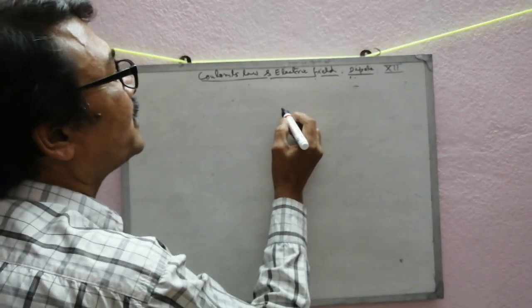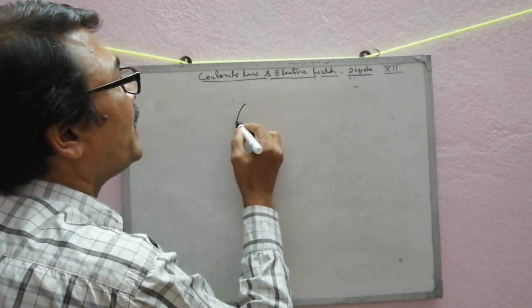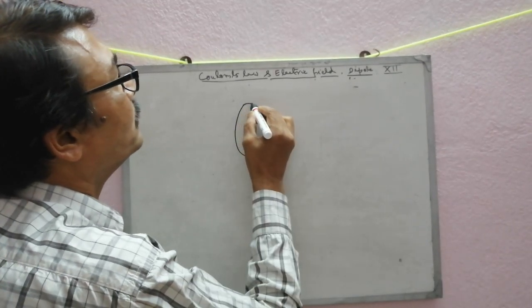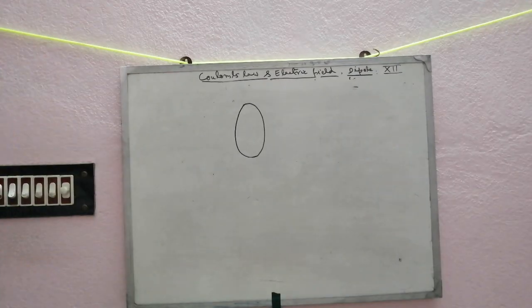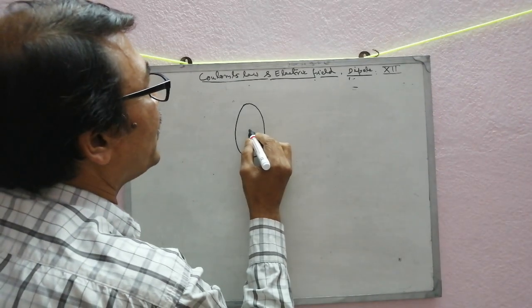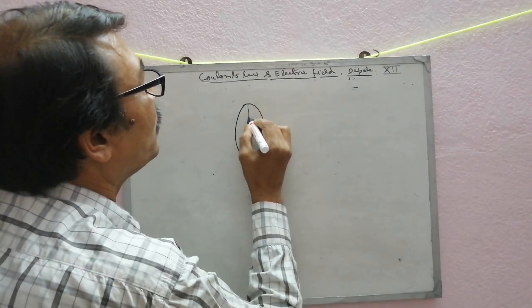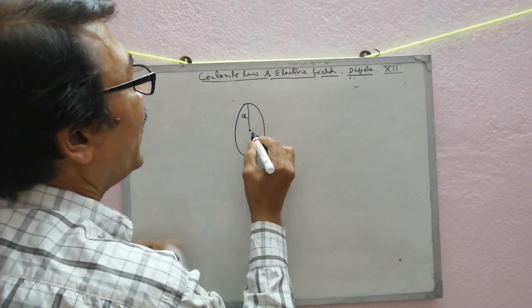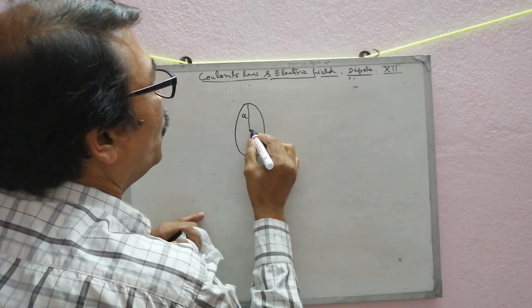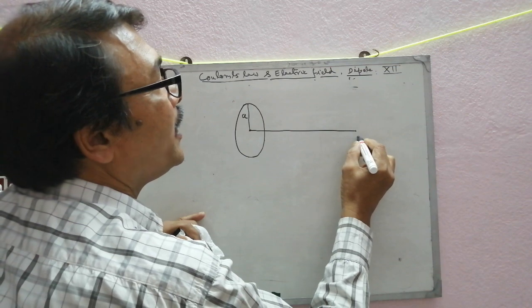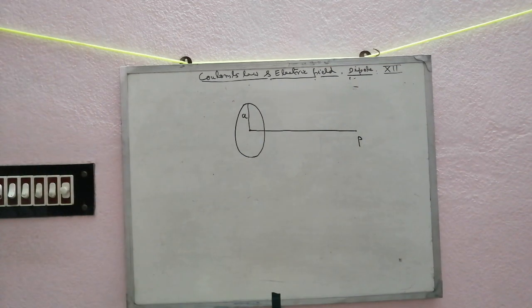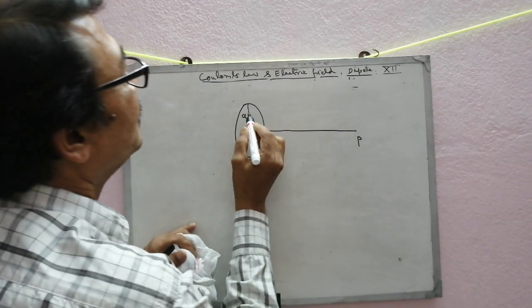Now we will discuss this item, a charged ring. Follow. This is a uniformly charged ring of radius A, and from the center on the axis of this charged ring at a point P, we have to find out the electric field.